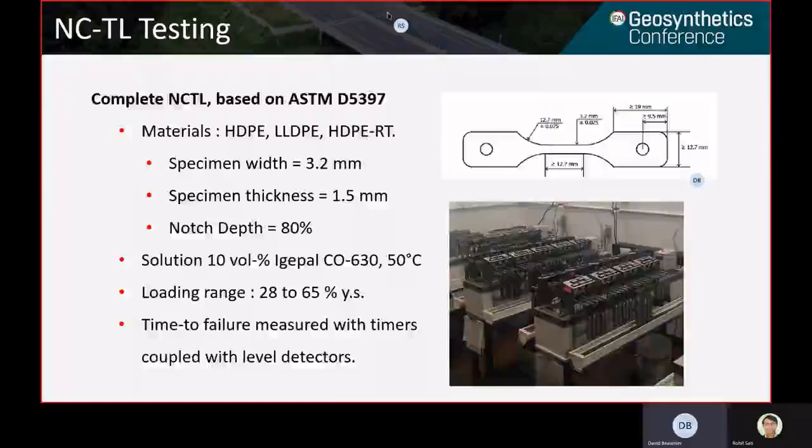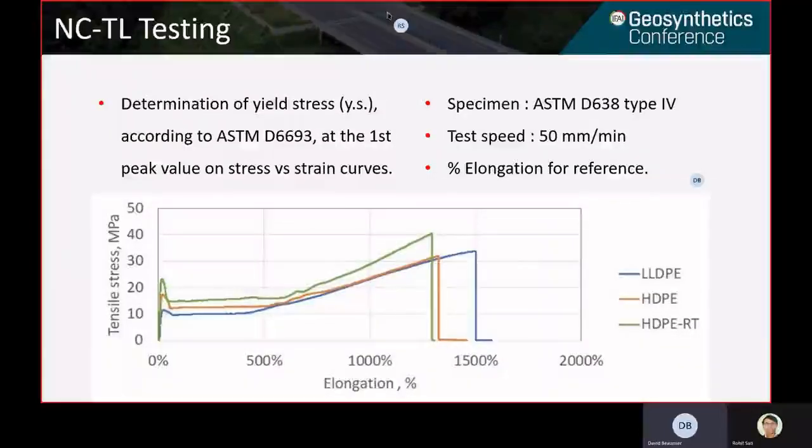The reason for this is that we want to look at how the material will behave under its stress at yield point. Basically, we don't want to look too much at how the material behaves in the ductile behavior, but more in a brittle mode of failure, which is way below its yield strength.